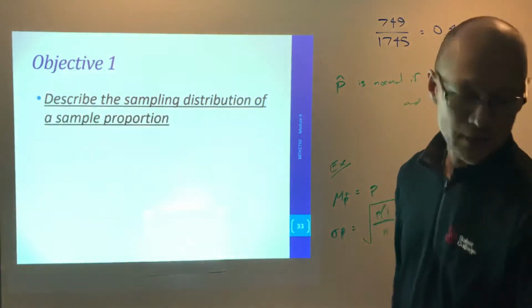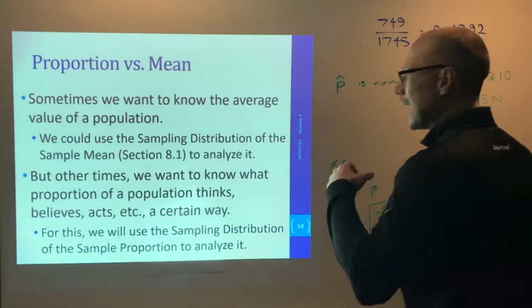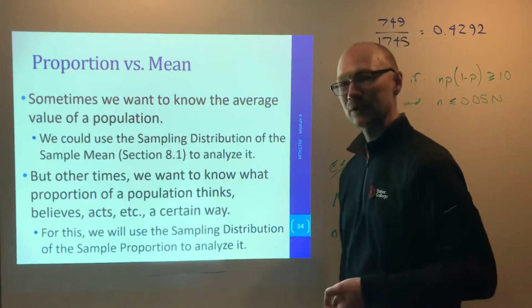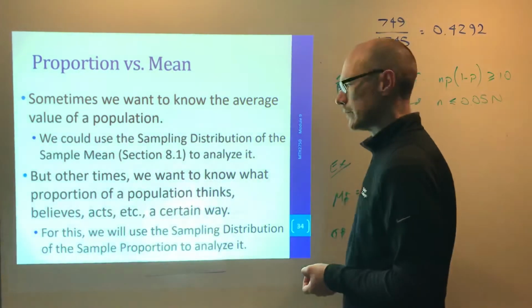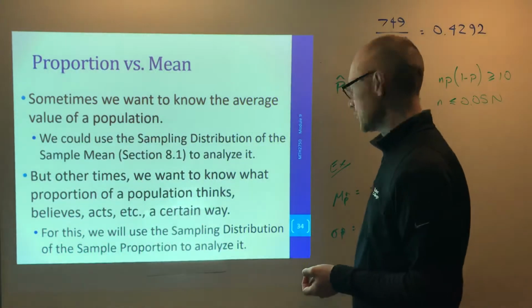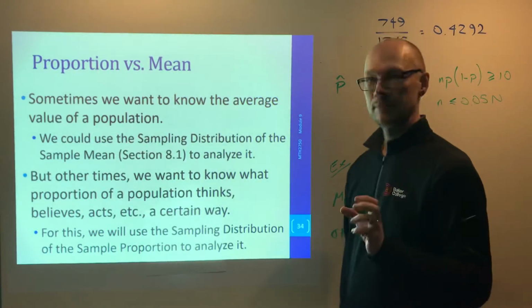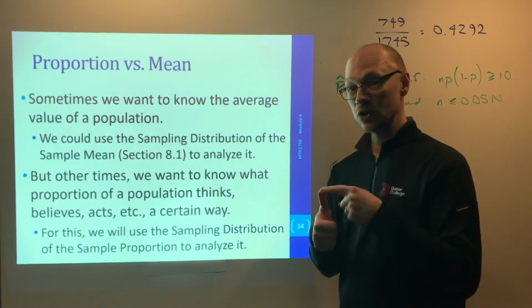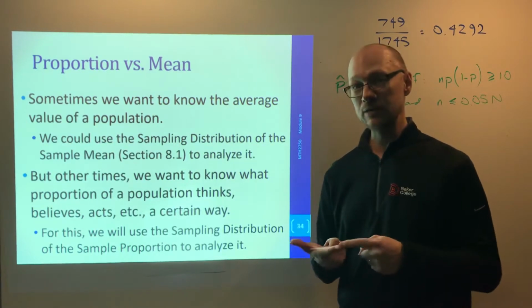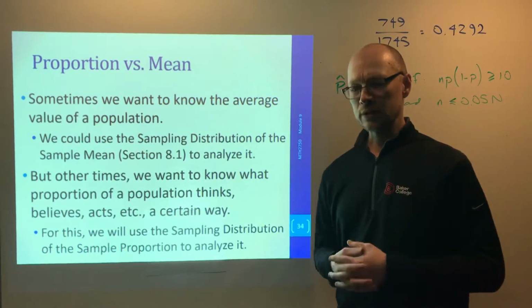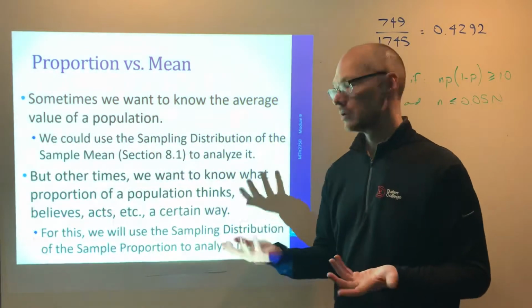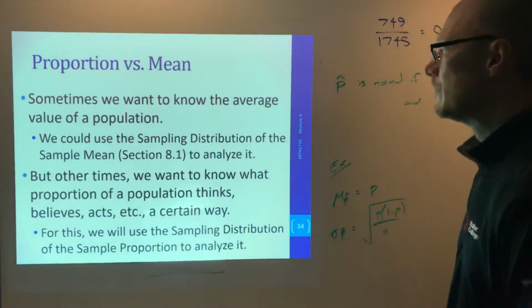Maybe we want to think through how a population thinks or believes or acts in a certain way. And for that, we're still going to use some of the same ideas. We still are going to do a normal analysis, which means we need to know the mean and standard deviation. But what does the mean have to do with a proportion? Well, we'll see.